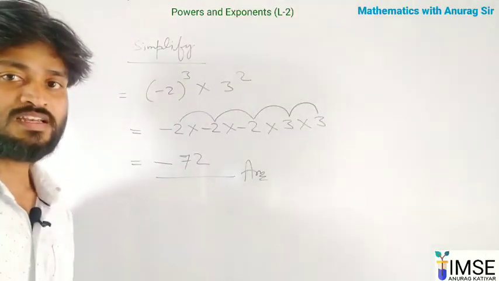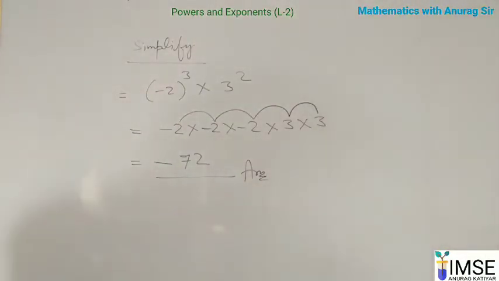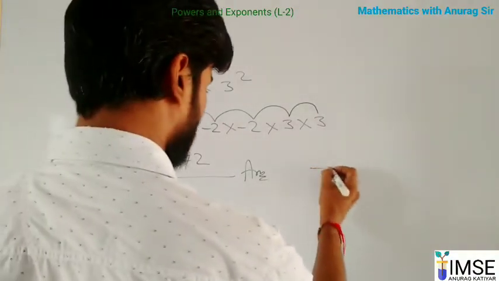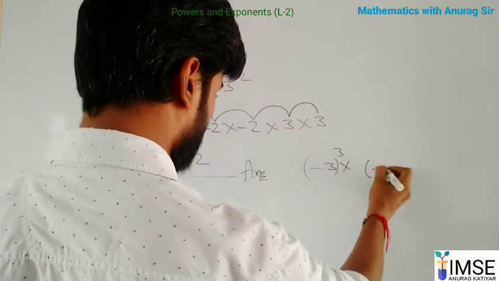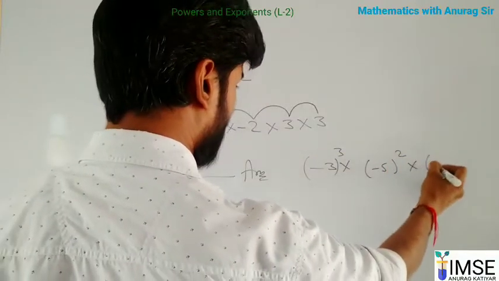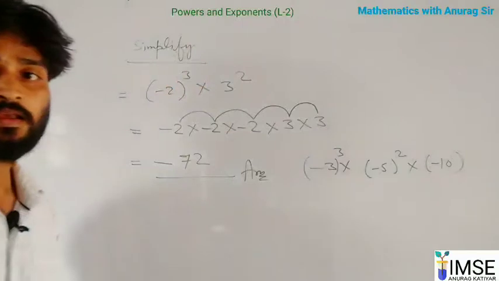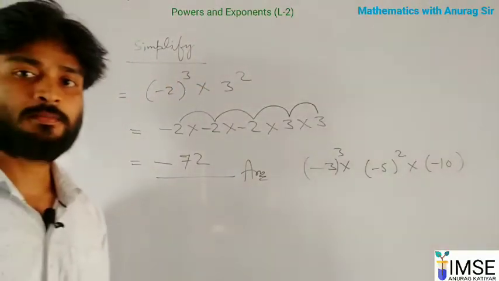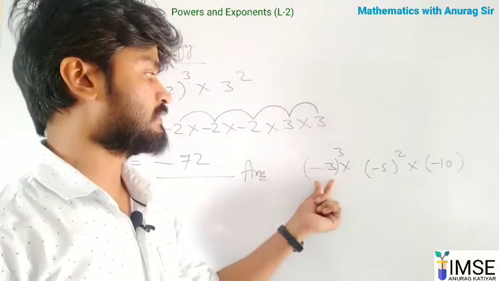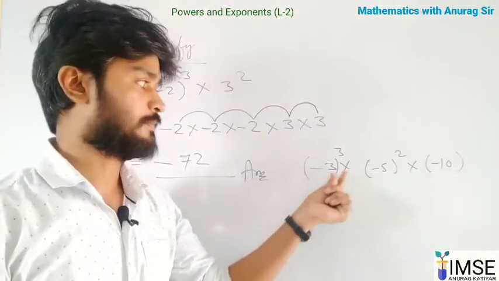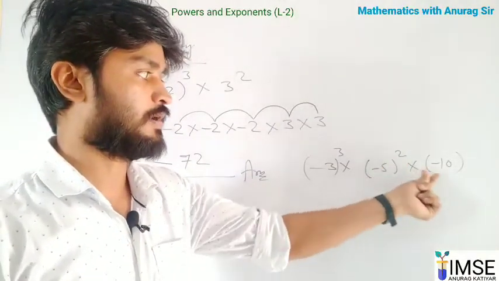Okay, now let's take one more question here. The question is minus 3 into minus 3 cube into minus 5 square into minus 10. So we have here 3 numbers which are in different forms. Here the exponents are 3 for minus 3, 2 for minus 5, and 1 for minus 10.